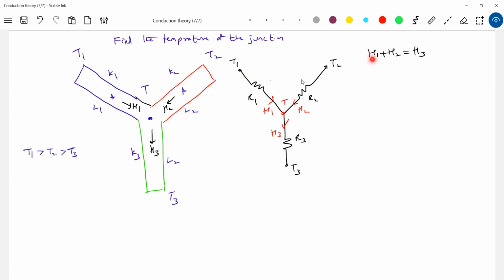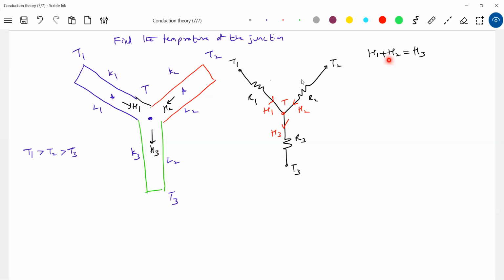So therefore, what is this H1? It's a thermal power, energy flowing per second. So therefore, at a given junction, the net flow of heat should be 0. Means how much thermal energy per second is entering, that much thermal energy per second should leave. Otherwise, energy will be created or destroyed, which should not happen. So this is nothing but the law of conservation of energy principle.